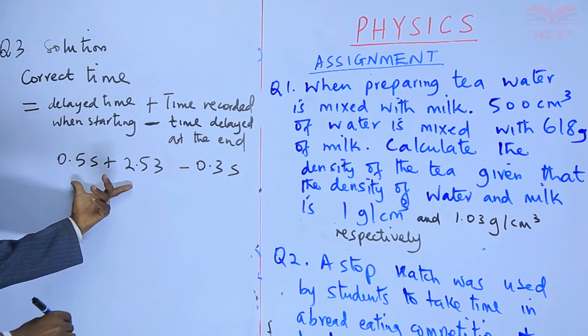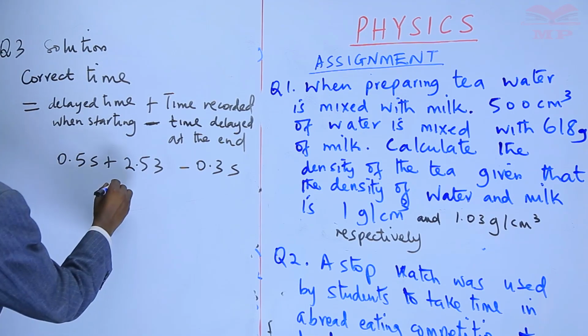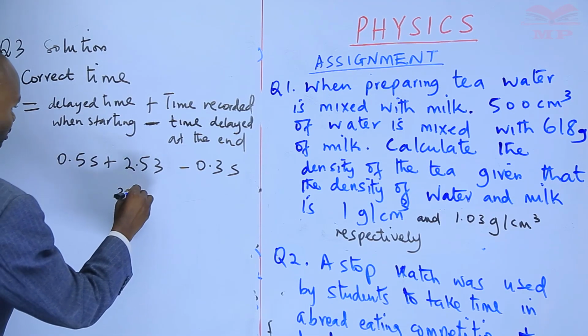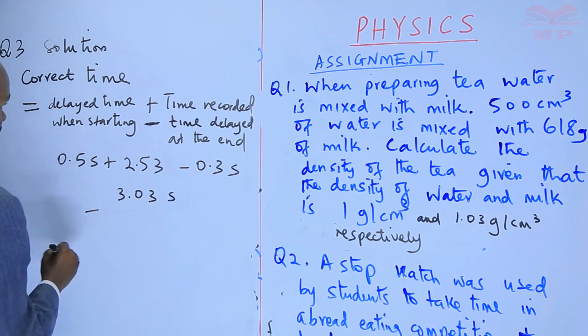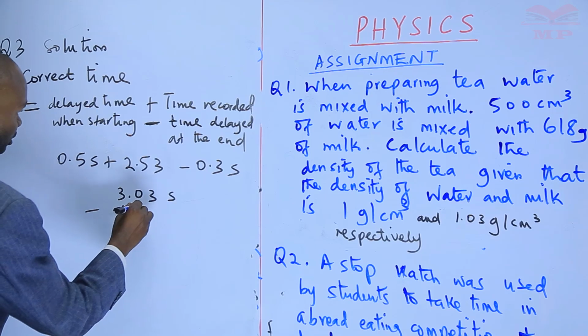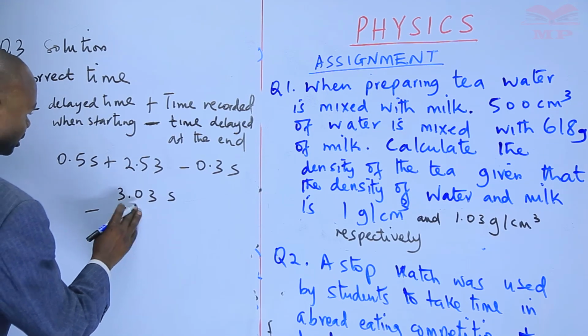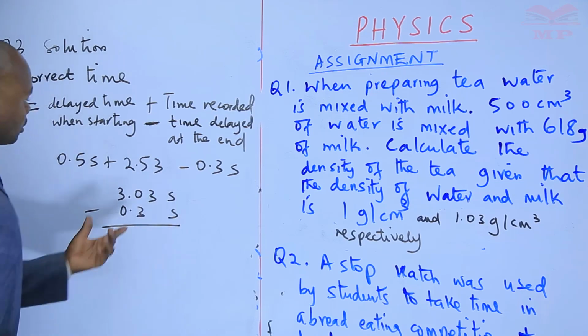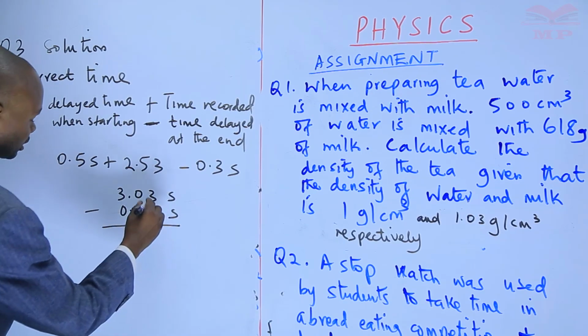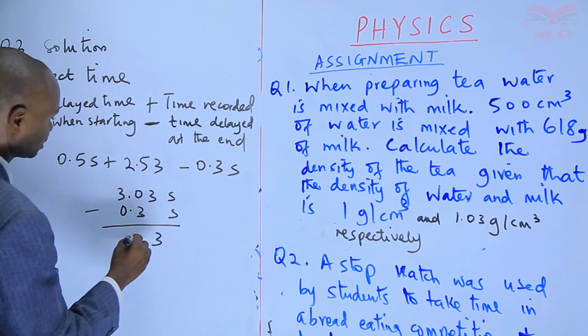So when you add this, you'll get 3.03 seconds. Subtract 0.3 seconds. You borrow 1 there. That is, no, you don't borrow. This is just 3.